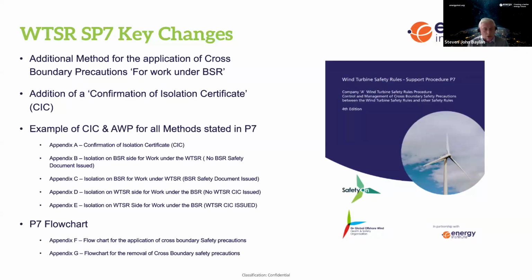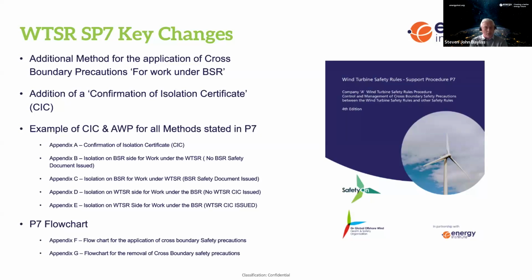The next two scenarios would be where the work is on the HV side of the system. So again, Appendix D is an example AWP isolation on the WTSR side for work under the boundary safety rules where no WTSR CIC is issued.